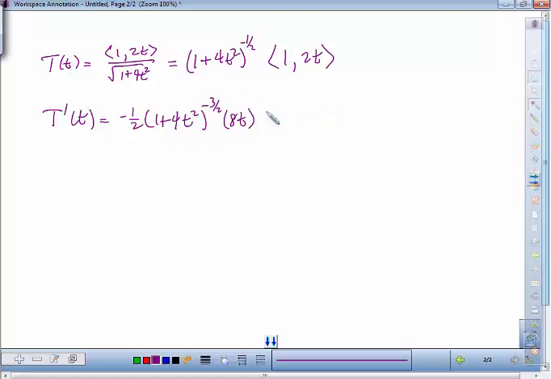So that's the derivative of the first times the second, and just keep the vector the same, plus the first times the derivative of the vector, so it's 0, 2. And then we're supposed to try to find the magnitude of this.